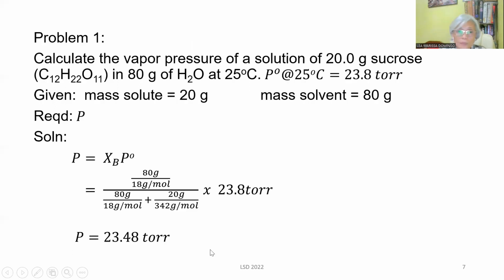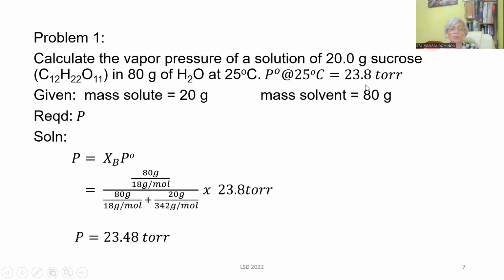Okay? So let's try to use Raoult's law in this particular problem. Calculate the vapor pressure of a solution of 20.0 gram of sucrose with formula C12H22O11 in 80 grams of water at 25 degrees Celsius. The vapor pressure of water at 25 degrees Celsius is 23.8 torr.